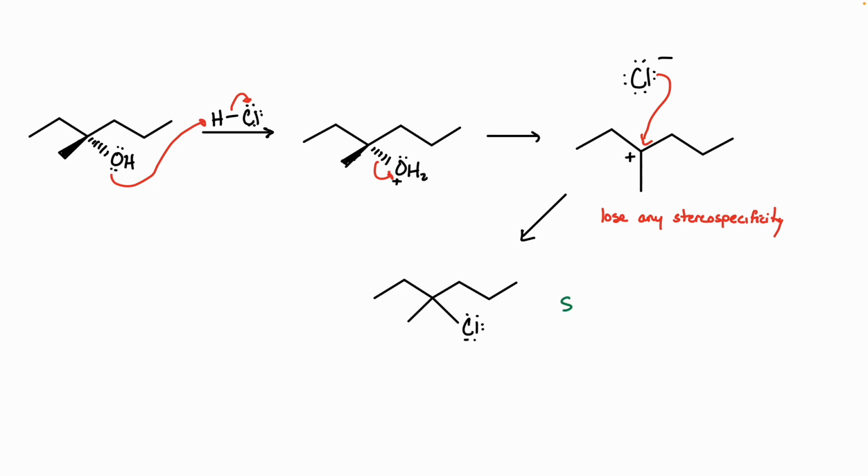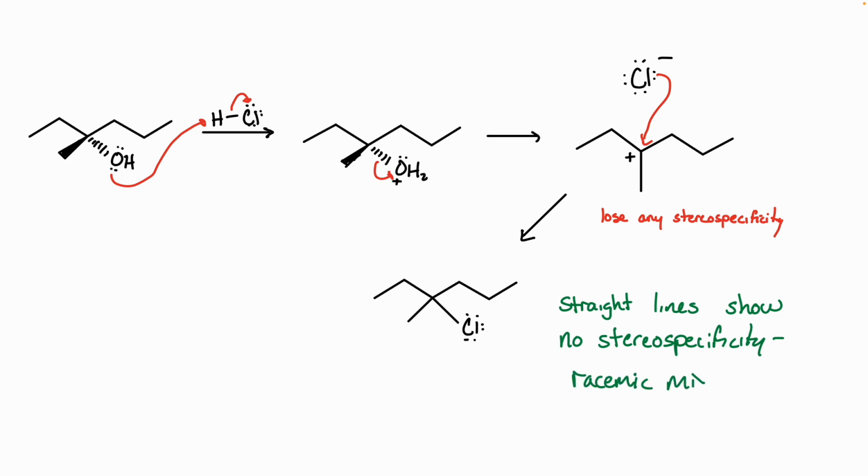Okay, so these straight lines show no stereospecificity, indicating we have a racemic mixture.